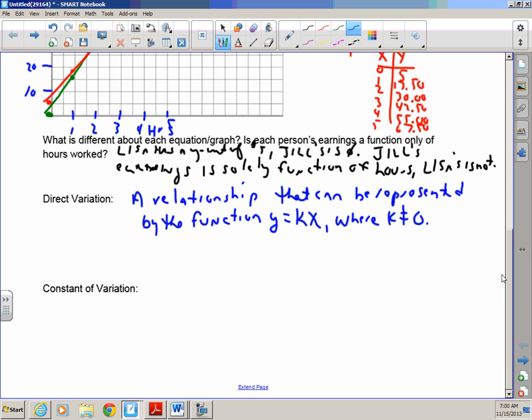So you should note the y-intercept is 0, which means the graph goes through the origin.